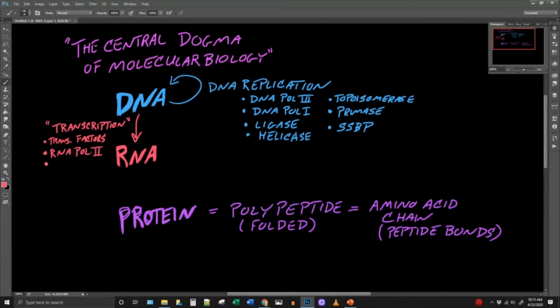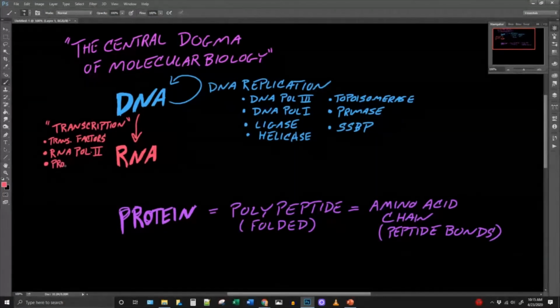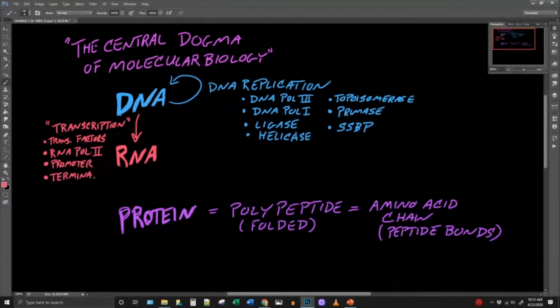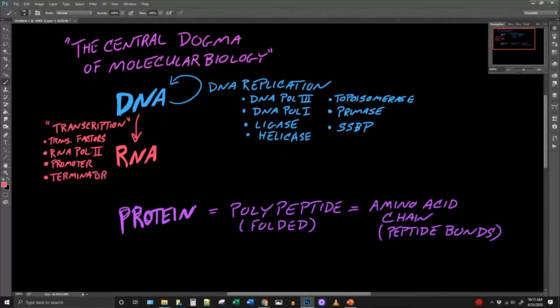And you also have stuff like the promoter region, which is the beginning part of any gene on the chromosome. And you have the terminator region, the terminator DNA. Okay. All of that is part of the transcription material.